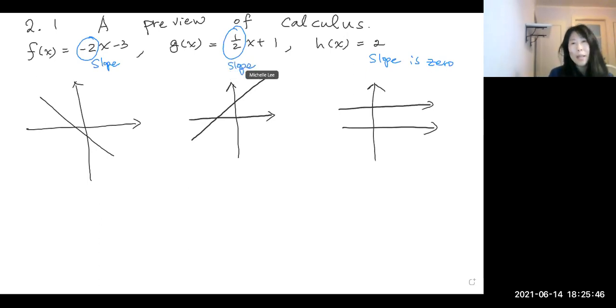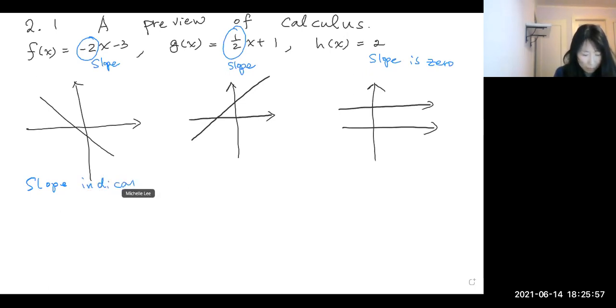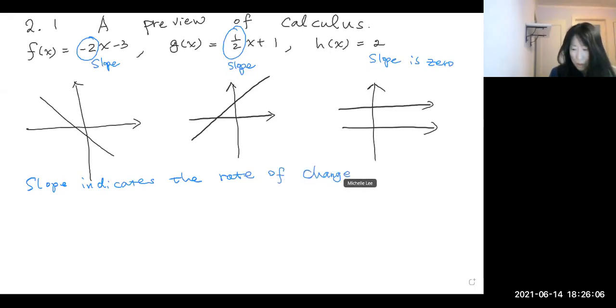All right. So we say that, okay, slope indicates the rate of change of the function.